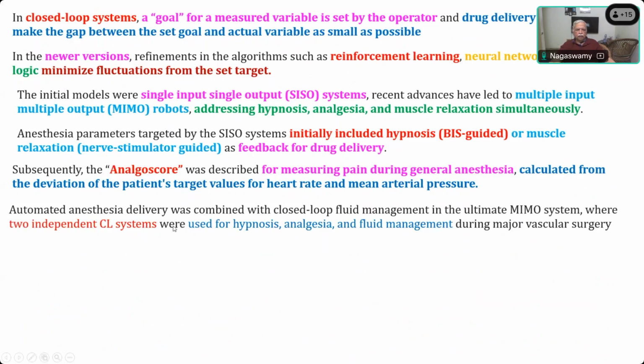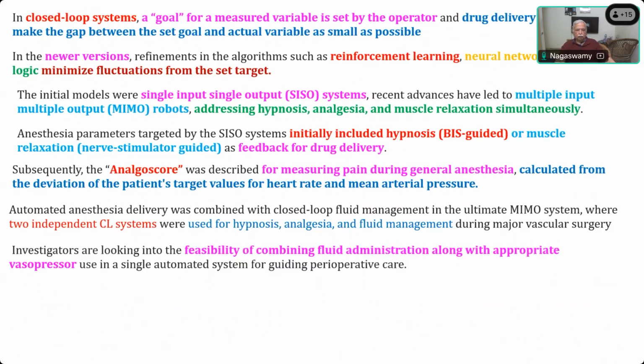So automated anesthesia delivery was combined with closed loop fluid management also, ultimately in the multi-input, multi-output system, where two independent closed loop systems were used for hypnosis, analgesia, and fluid management during major vascular surgery. So from one single parameter, we now combine multiple parameters to put in multiple inputs and get multiple outputs.